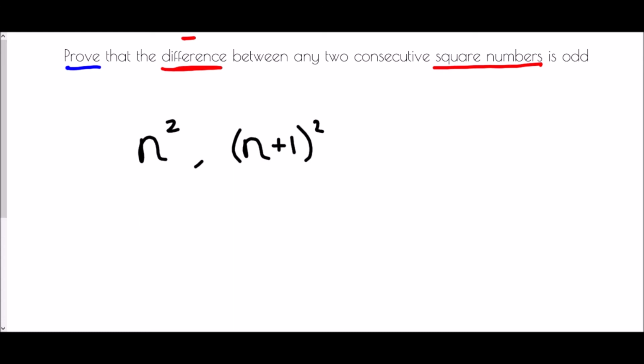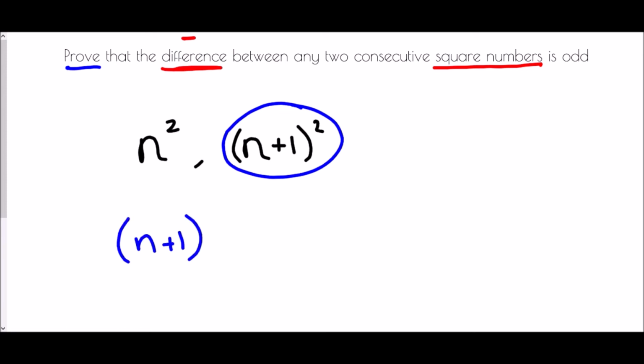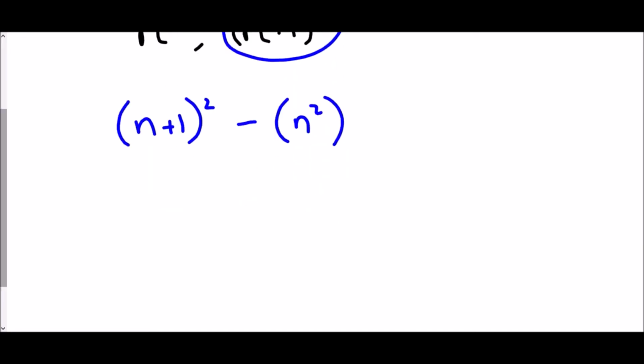And so it's asking us for the difference. Now, obviously, this second one is going to be larger than the first one. And therefore, I'm going to say n plus 1 squared is going to take away n squared. And so what we need to do first is expand this so that we can get the exact answer to it.